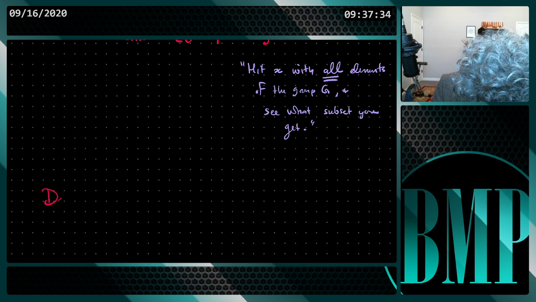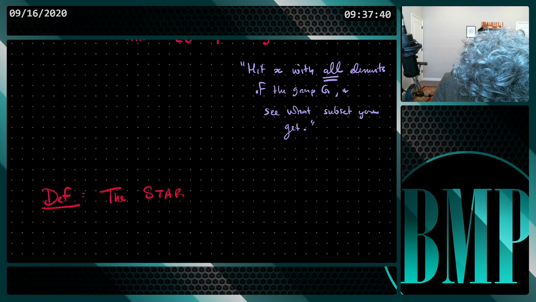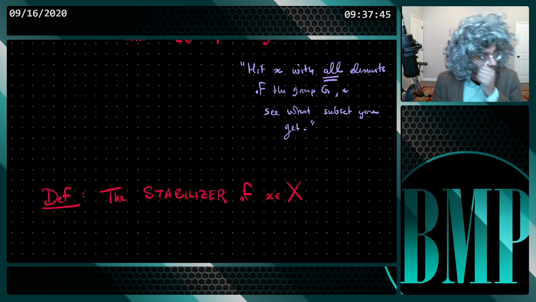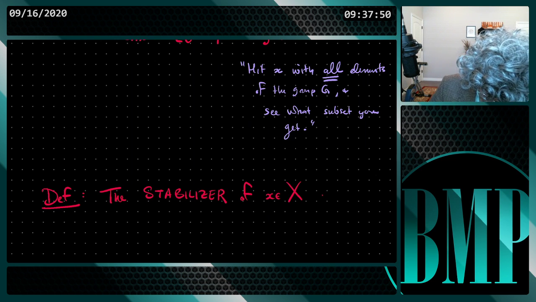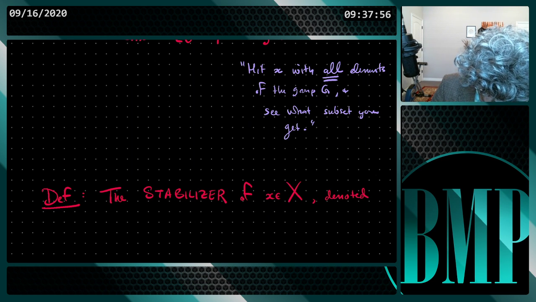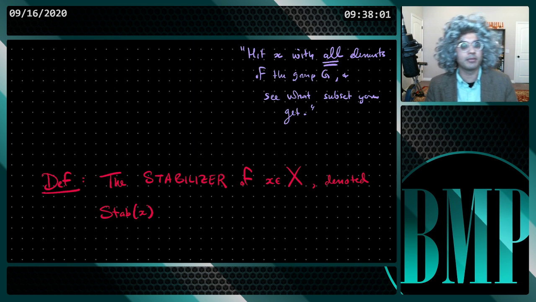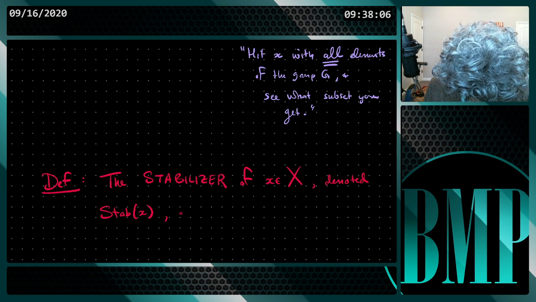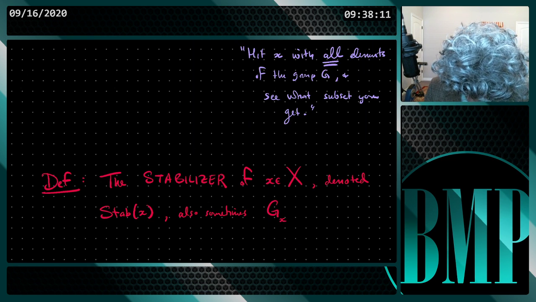Okay, definition 2. The stabilizer of a point x in the set X on which the group is acting is usually denoted Stab(x), the stabilizer of x. But it can also sometimes be denoted G sub x.